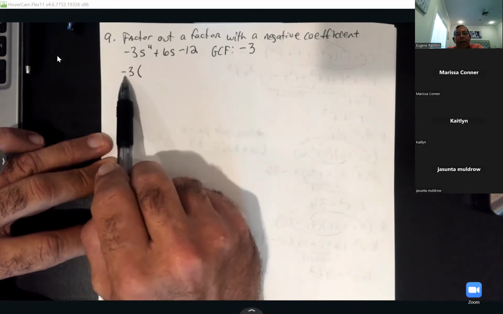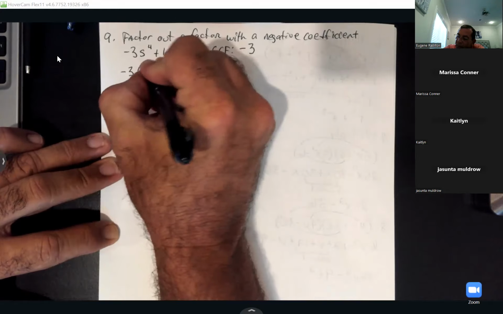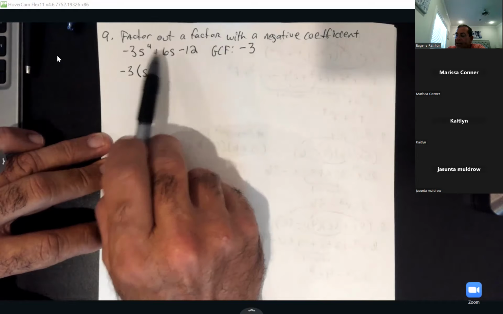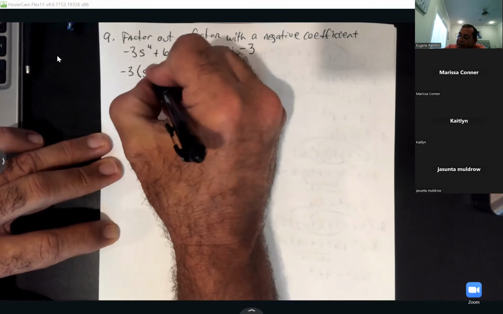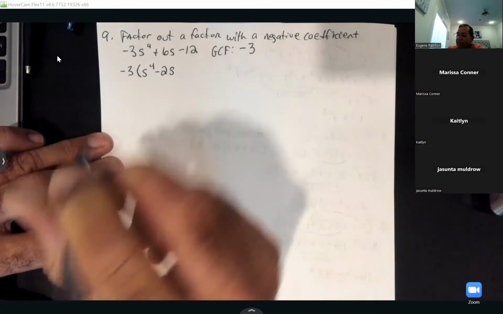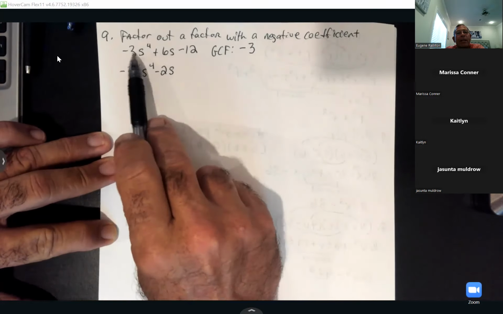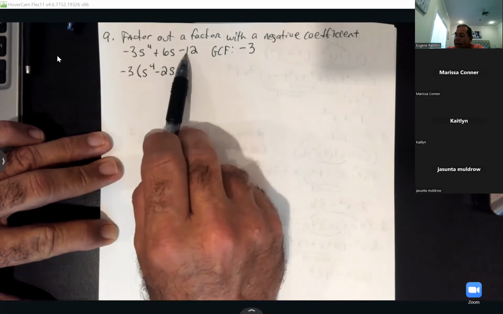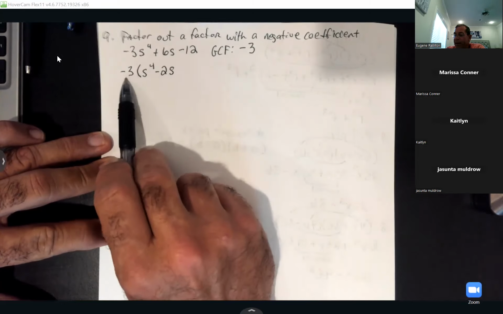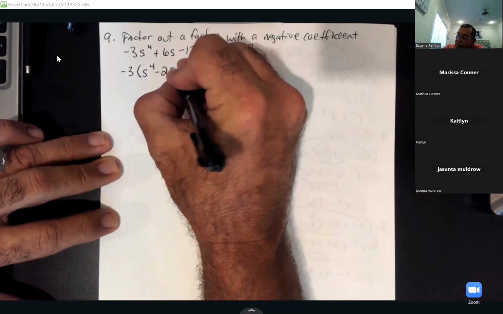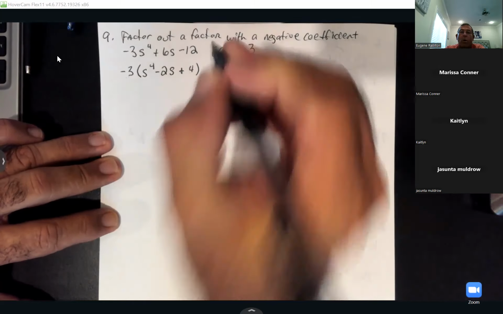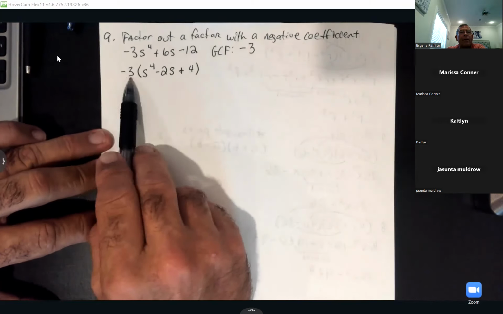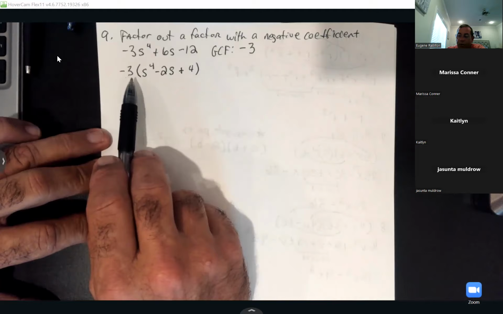So negative 3 divided by negative 3 makes that a 1s to the 4th. But y'all watch this. 6s, 6 divided by negative 3 makes that a negative 2s. So what this negative's doing is it's changing all the signs when I put it inside these parentheses. And how about that negative 12? Negative 12 divided by that negative 3 makes that a positive 4. So now we've done what they asked. We factored out a factor with a negative coefficient, which was our negative 3.